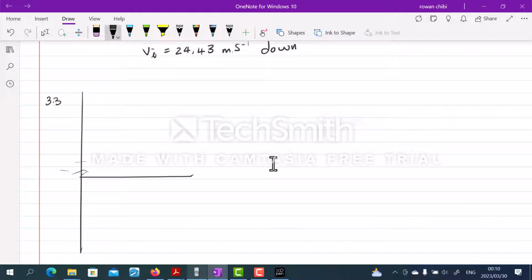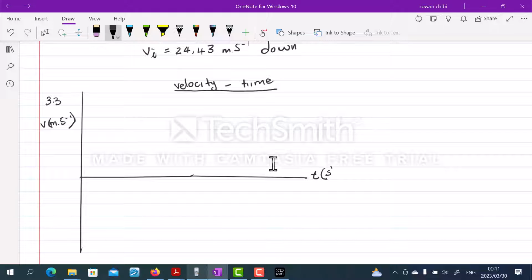On my y-axis, remember, this is the velocity versus time. You must always write your heading, velocity versus time. On your y-axis you have your v in meters per second. You must write that one. Then on your x-axis we have t in seconds.